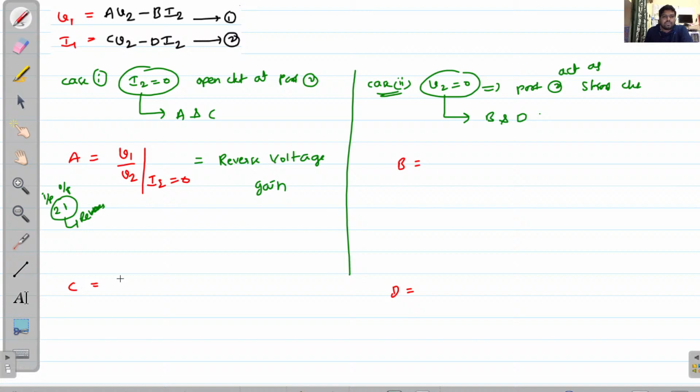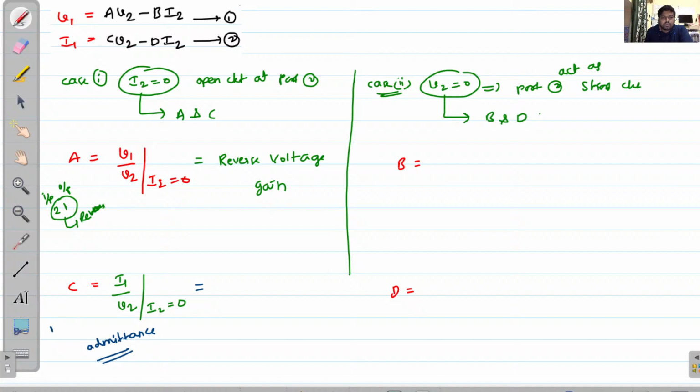And when coming to C, so I1 by V2 only when I2 equals to 0. I by V is nothing but what? I by V is nothing but admittance, right? But here the output is located at port 1.